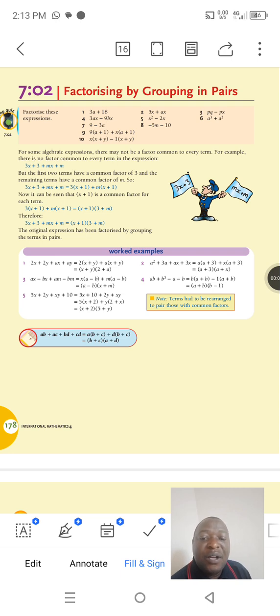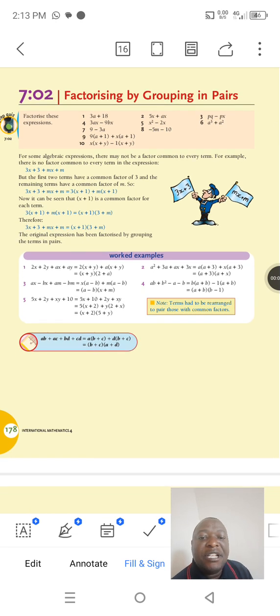So this one we can group directly and go ahead and factorize. So for the first pair, we factorize a, then the expression becomes a into a plus 3, and for the second pair, we factorize x, and the expression becomes x into a plus 3.